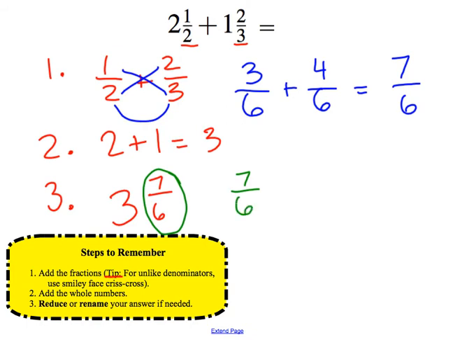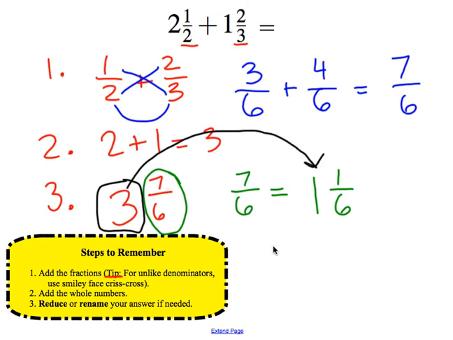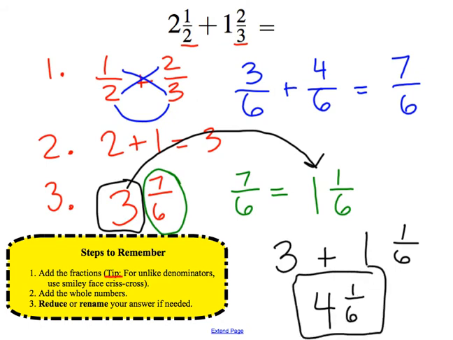So 7/6 equals 1, because 6 goes into 7 one time, 1 left over. Denominator stays the same. So again, we have our 3 over here that we need to add to our new mixed number of 1 and 1/6. So 3 plus 1 and 1/6. 3 plus 1 is 4 and 1/6. This answer does not need to be reduced, so that is our final answer.